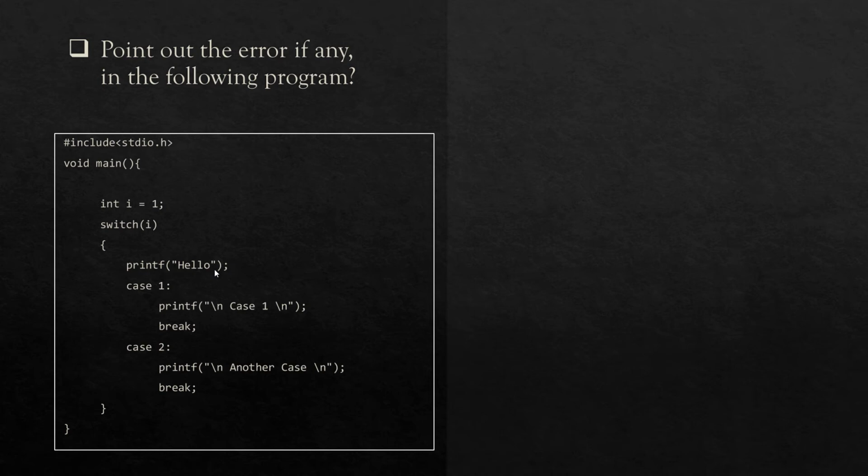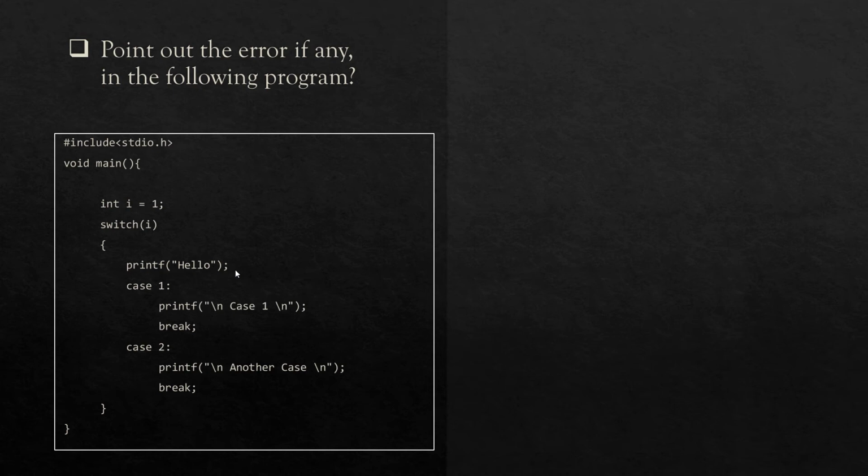So here the answer is that without this printf statement our program is correct, and with the printf statement outside case 1, it will not give an error. This is unreachable code. The switch statement cannot reach this statement, but it will not show any error.